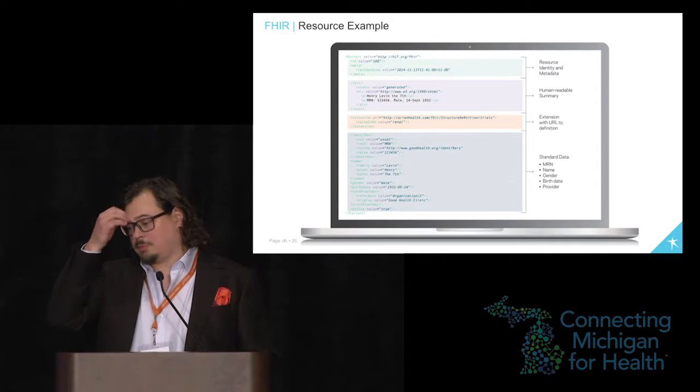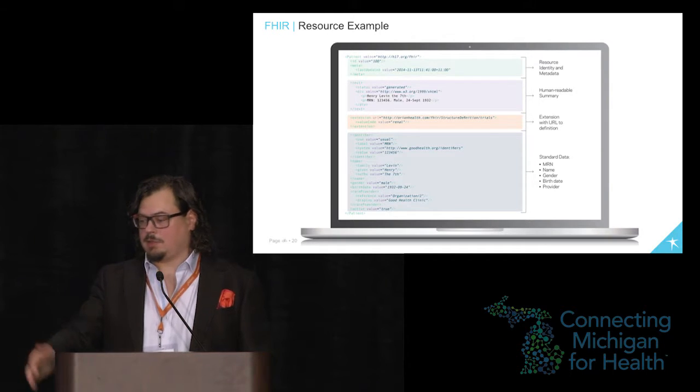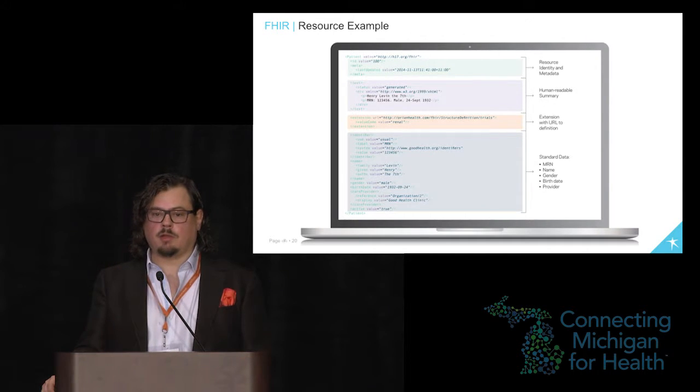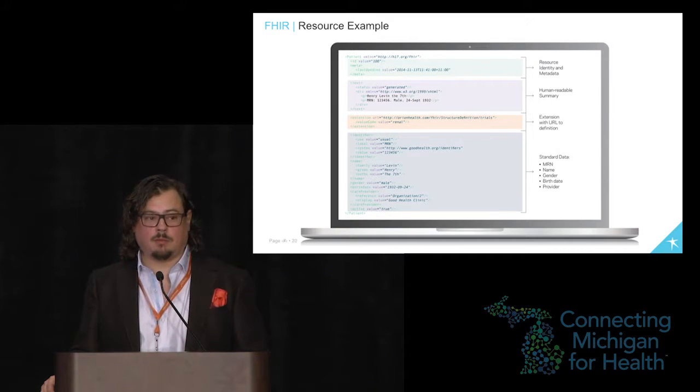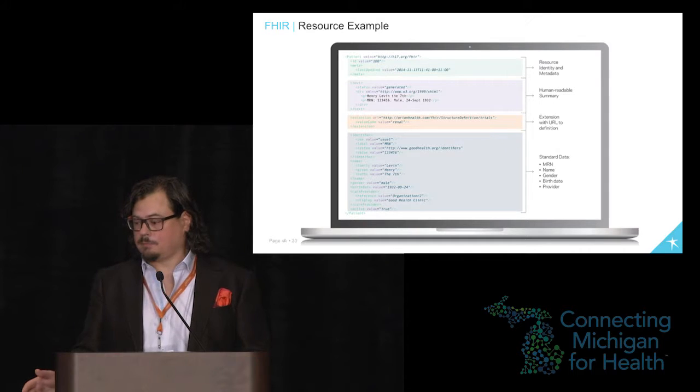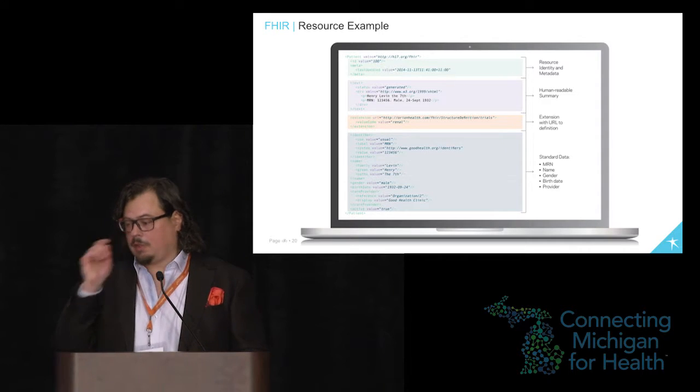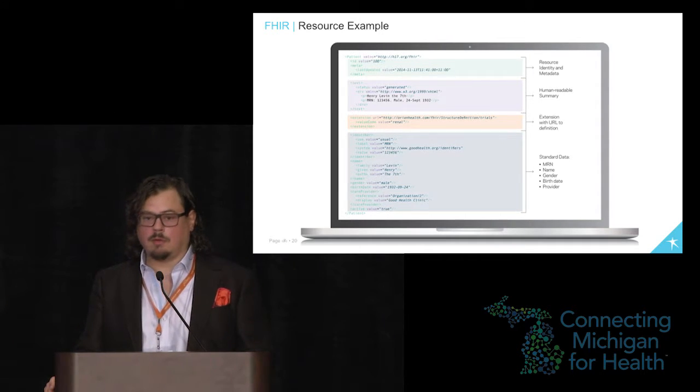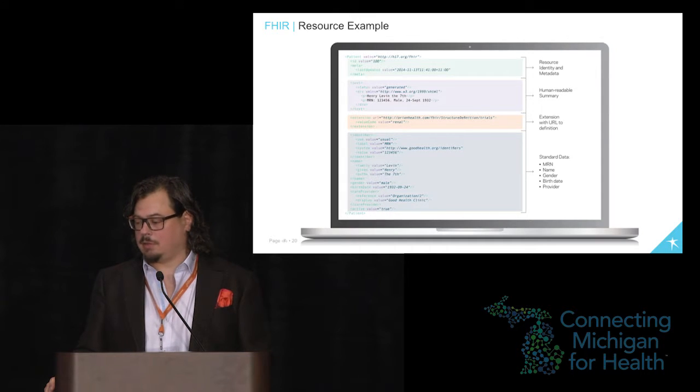From an implementer's perspective, if we get this and we see the extension, one of the required elements of an extension is a URL. And when you go to that URL, it will describe exactly what data is in that extension itself. And there are a number of examples of that also out on the FHIR website to go and look at, examine, and interact with.